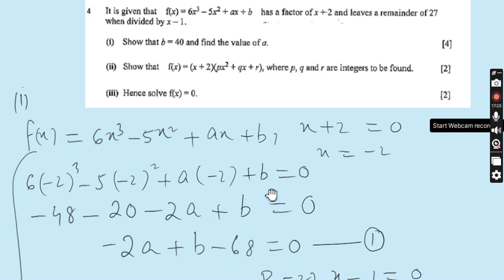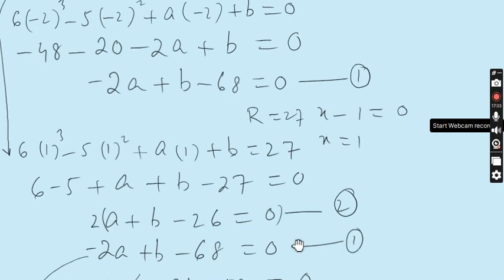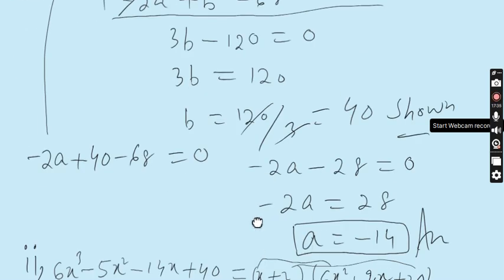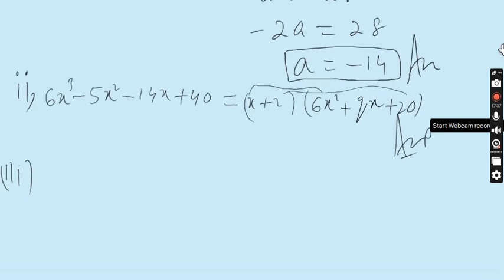Part 3, hence solve f(x) is equal to 0. Whenever you see the word hence, it means you have to take help from the previous part. So the part 2 answer is (x plus 2) into (6x square plus qx plus 20). So 6x cube minus 5x square minus 14x plus 40 is equal to (x plus 2)(6x square plus qx plus 20).